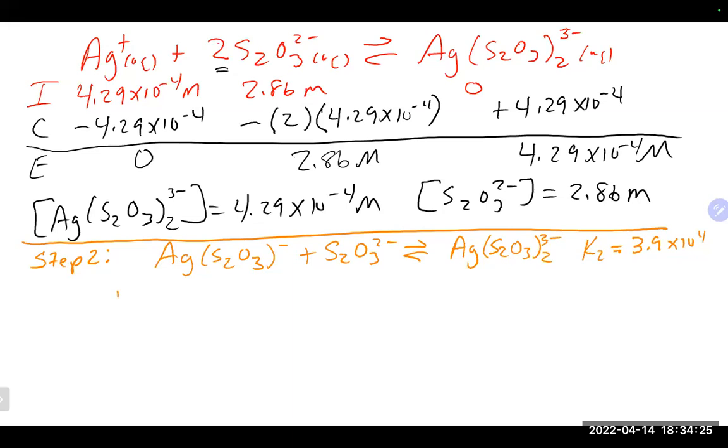So if I write the equilibrium expression for step number 2, I'm going to take my products, which is this guy here, divided by my reactants, which is this guy.